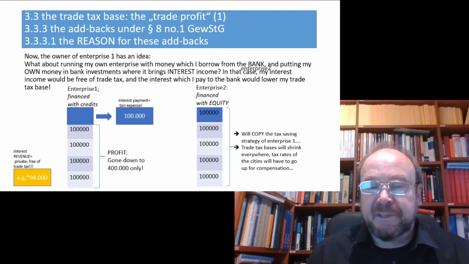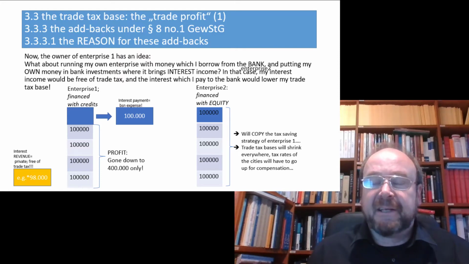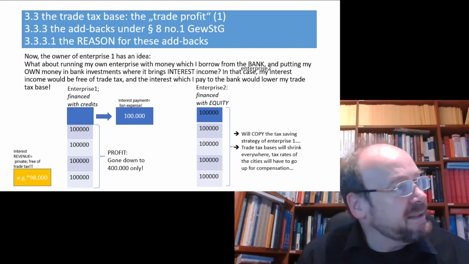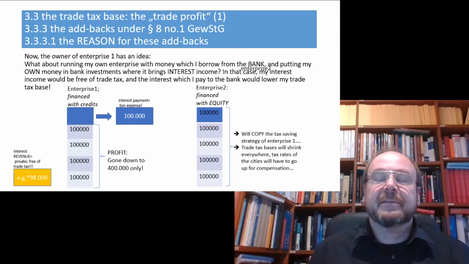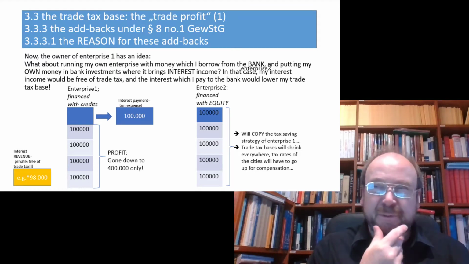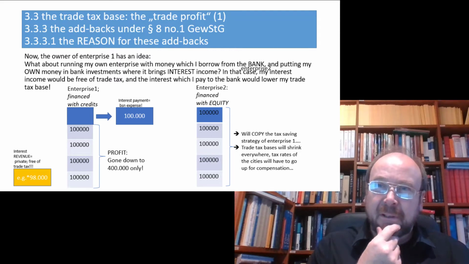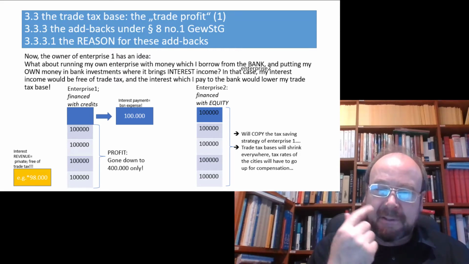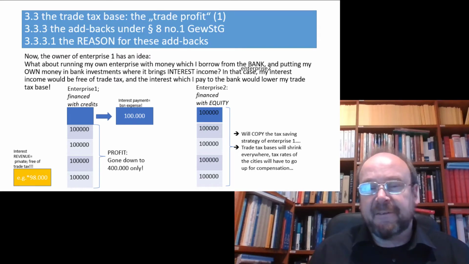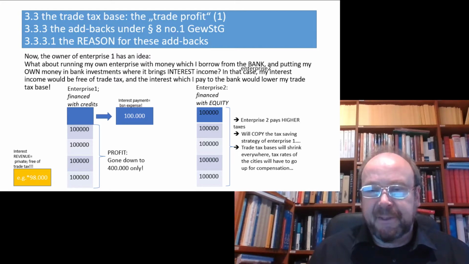Now, enterprise 2, financed with equity, sees what the neighbor has done, begins to think, I finance my business with my own capital. Am I mad? So enterprise owner 2 will copy the whole idea, and so we will have a drop down of the tax base here too. Okay.